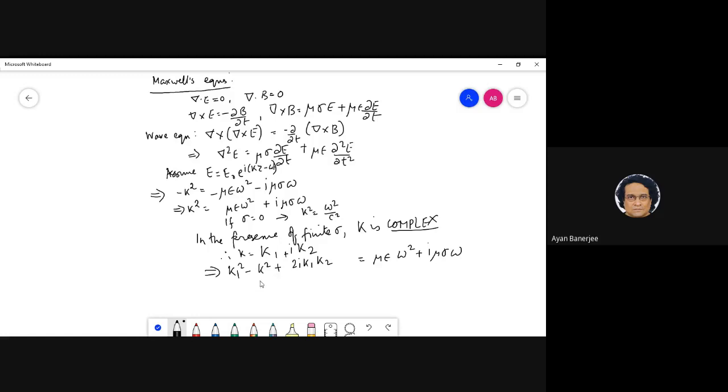So what I get is k1 square minus k2 square, which I can write as mu epsilon omega square, and k1 k2 I write as mu sigma omega by 2, which means your k2 is nothing but mu sigma omega by 2 k1.